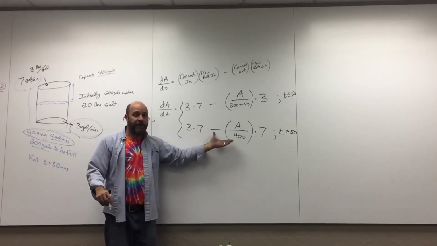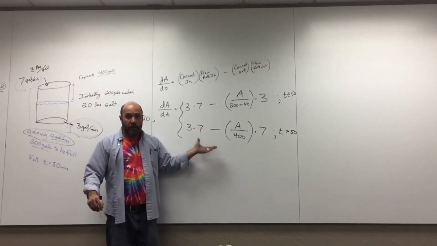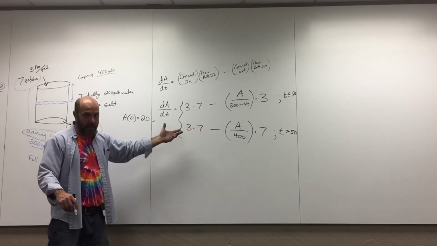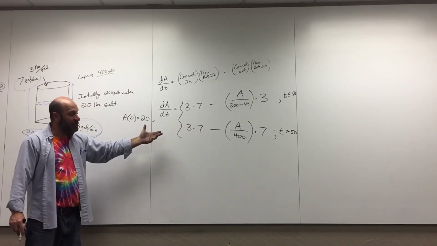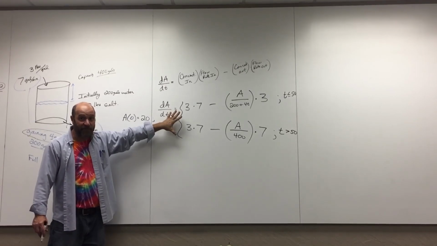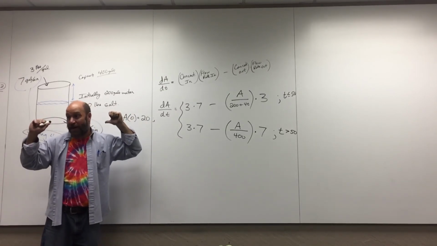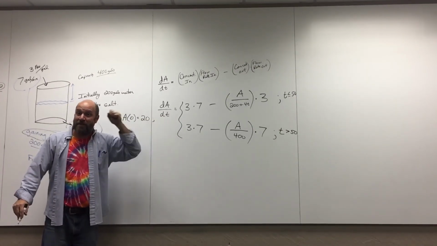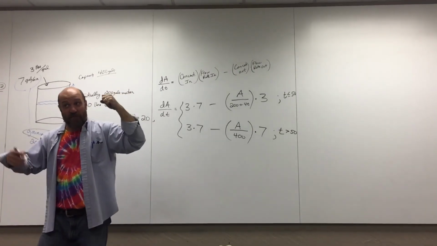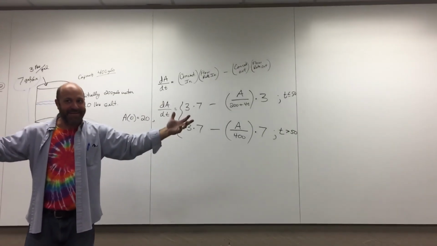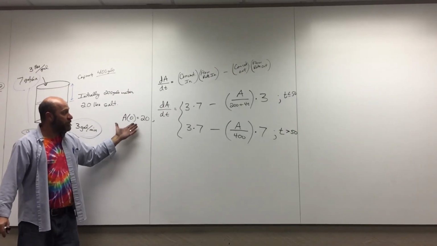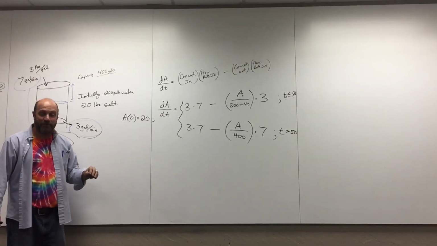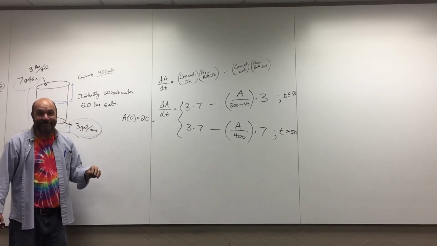This is a little bit easier DE than the other one, but it's really one big piecewise DE for this whole scenario, before and after it overflows. If I finish this problem, I'll have the amount of salt in the tank at any time, before and after overflow. I've got an initial condition. It's a beautiful piecewise DE with an initial condition. Let's do it.